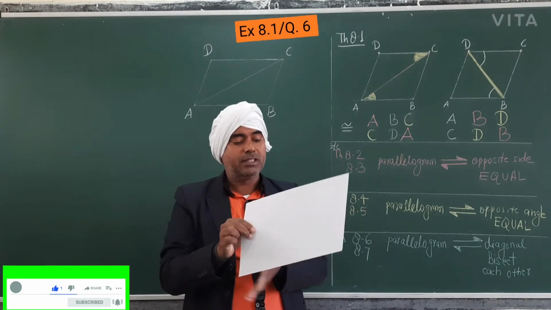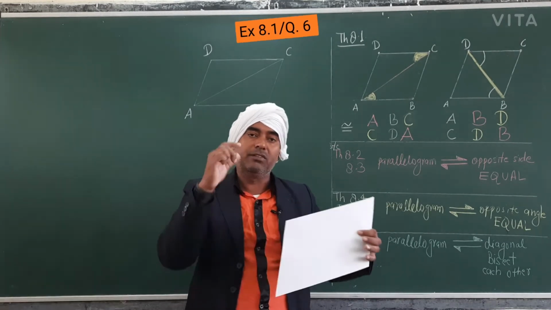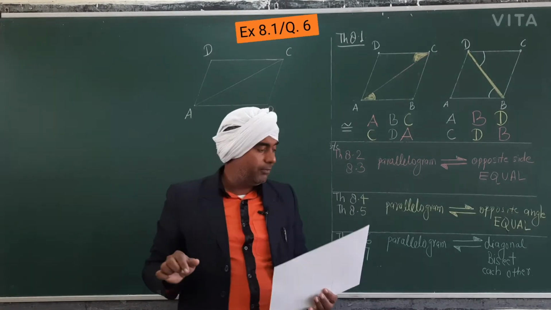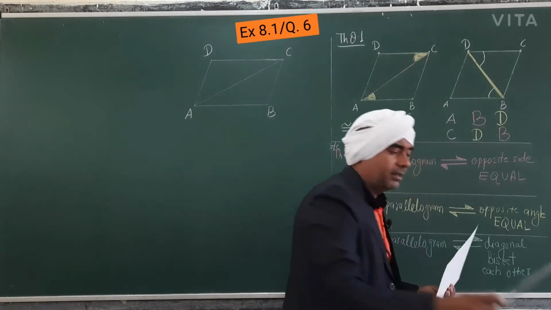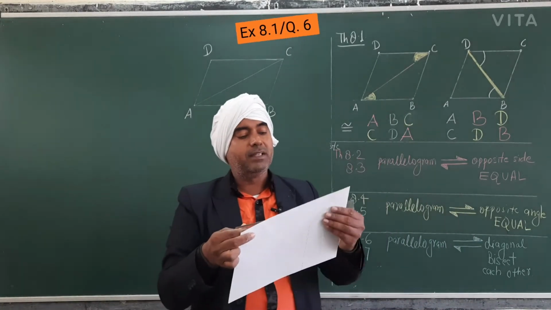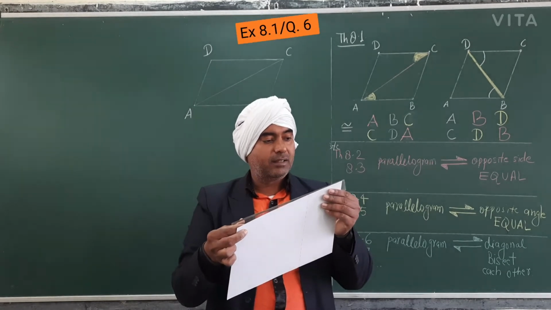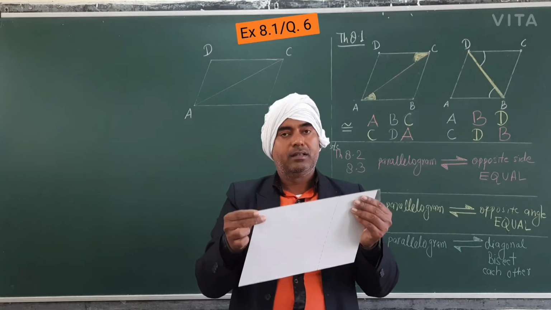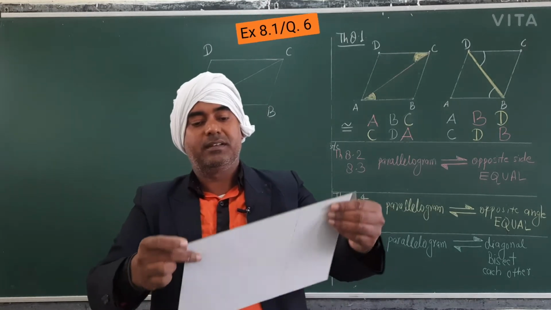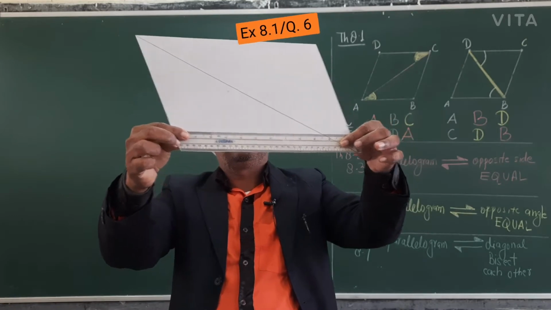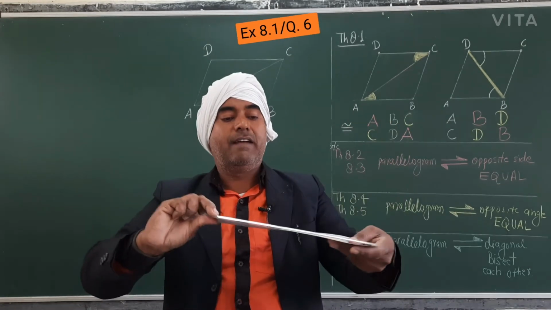Opposite lengths are equal, so confirm the lengths are parallel also, means it is a parallelogram. We only need measurement of a length, so we will measure how much length it is. I am measuring, and if this camera shows, actually it is complete 30 centimeter. I will measure this also.